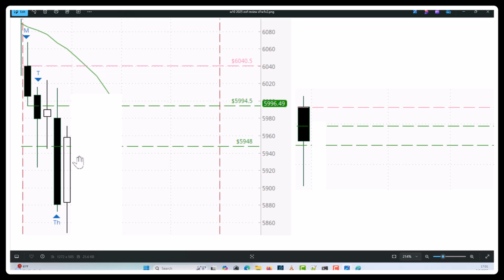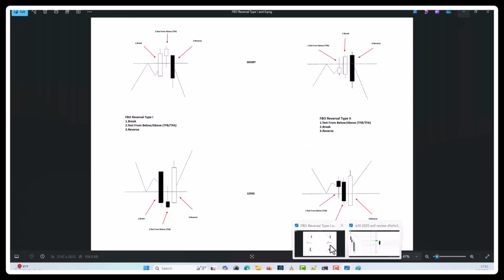And then at first when we looked at that, we thought, all right, maybe the level right here, 59.94, breaks, tests from below, then reverses, because this is a type 1 reversal, right? Breaks, tests from below, reverses.